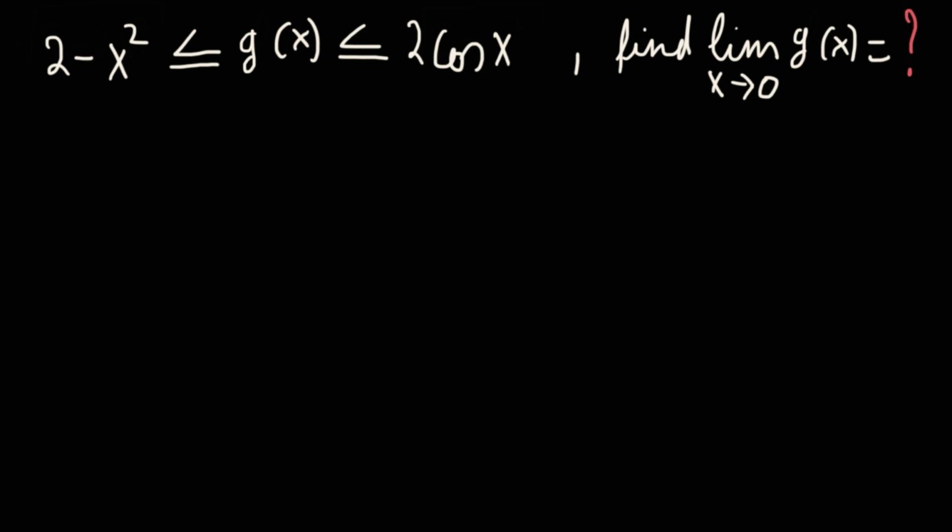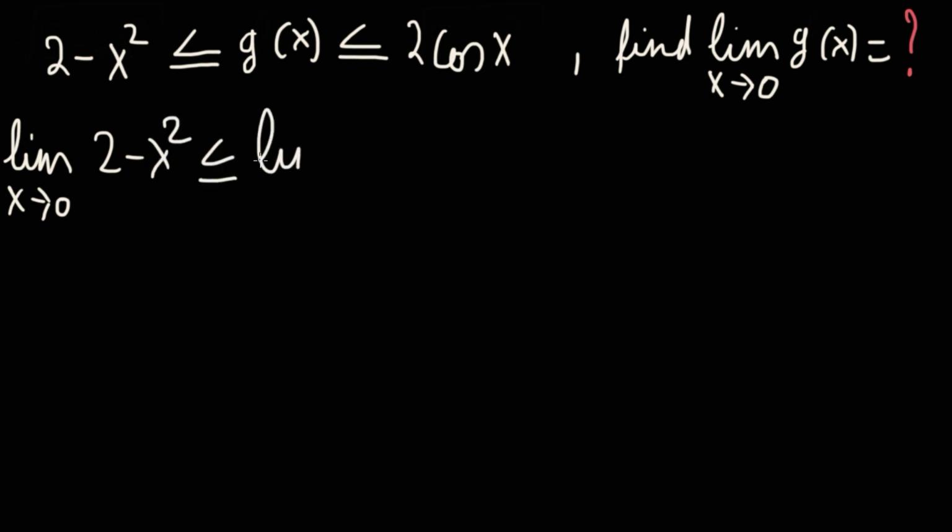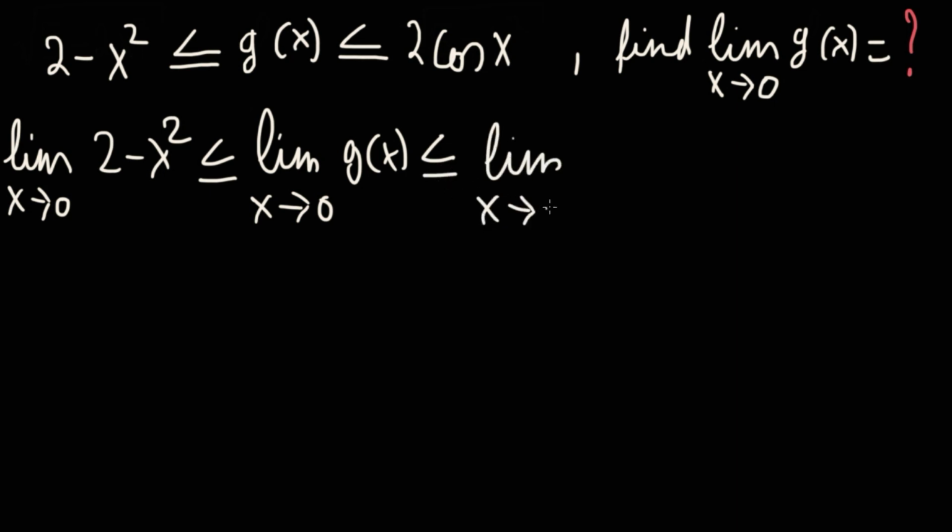So what we do is take the limit as x approaches 0 of 2 minus x squared, that is less than or equal to the limit as x approaches 0 of g of x, which is less than or equal to the limit as x approaches 0 of 2 times the cosine of x. So now we are going to replace the x with 0. So it will be 2 minus 0 squared.